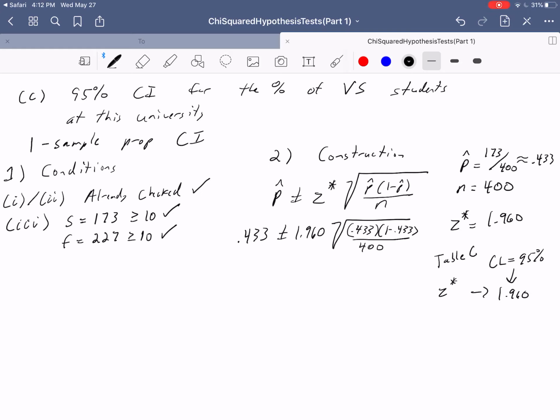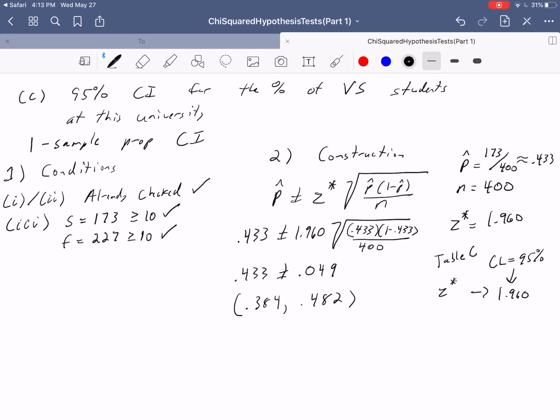And it looks like our margin of error should come out as plus or minus 0.049. Then we do our subtraction, 0.433 minus 0.049, that would be 0.384, and then 0.433 plus 0.049, and that would be 0.482.